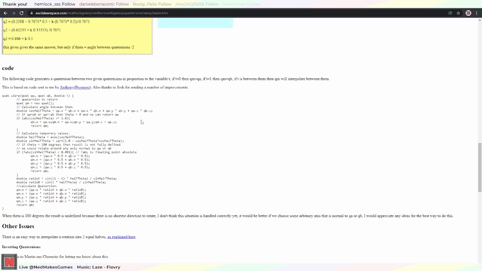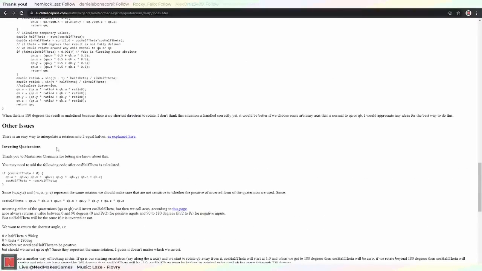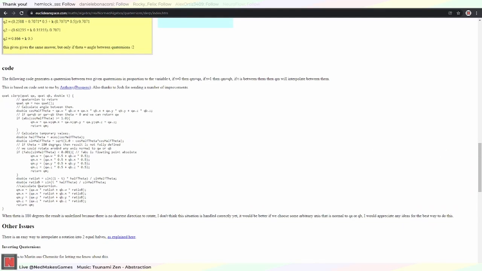Okay. So you need to find that angle between the two quaternions, which you can apparently do.